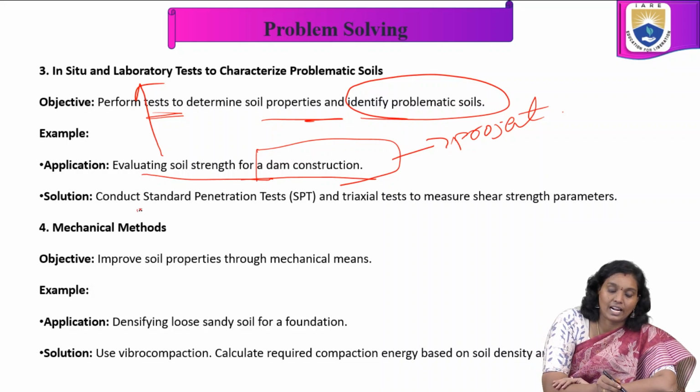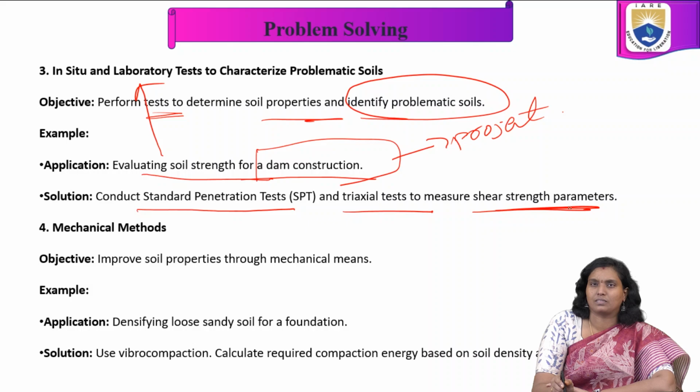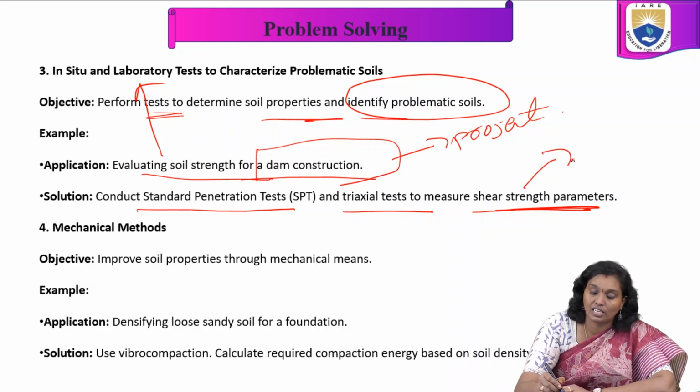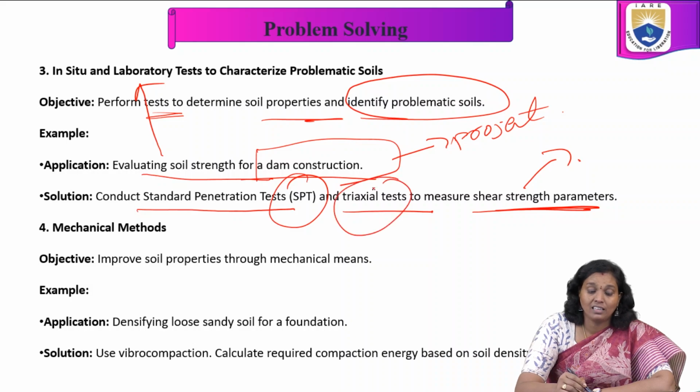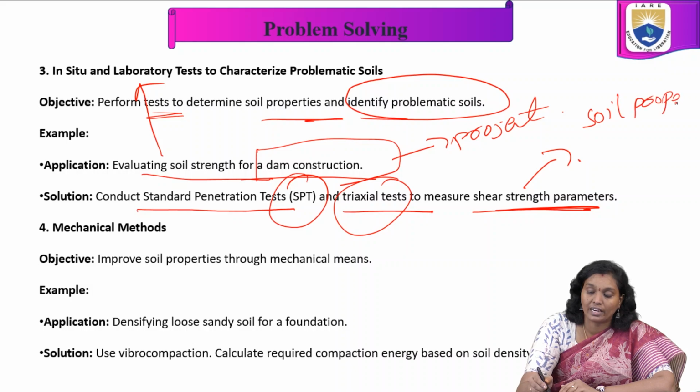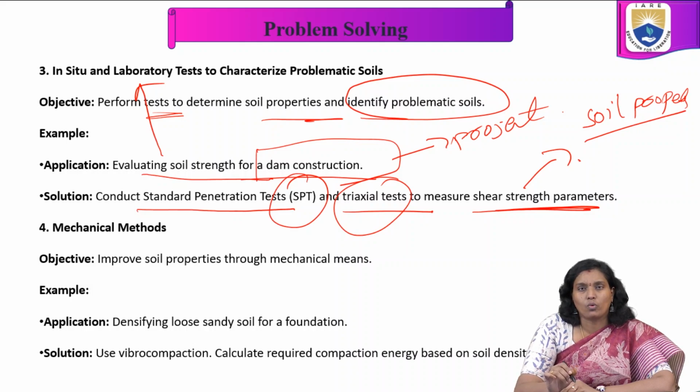Conduct the standard penetration test and triaxial test to measure the shear strength parameters. For understanding the shear strength parameters, we choose the SPT and triaxial tests. For understanding the soil properties only, we are going to conduct these. Once we understand the properties, then we know what kind of performance is required for the project, and for getting that required project performance, which property is going to be modified.